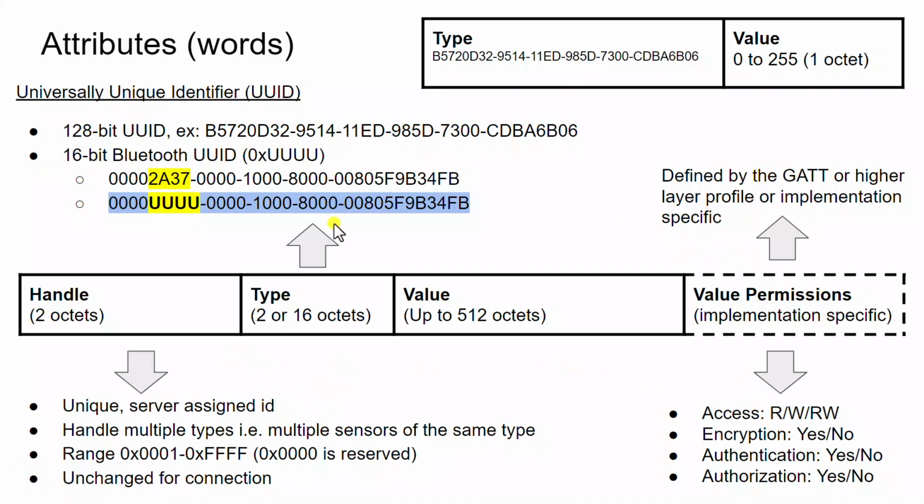And so the value, permissions, and the handle are more associated with this attribute being stored in the database, where the type, which is the label of the attribute, like the key value pair, the key and then the value, are more just associated with being an attribute of data.